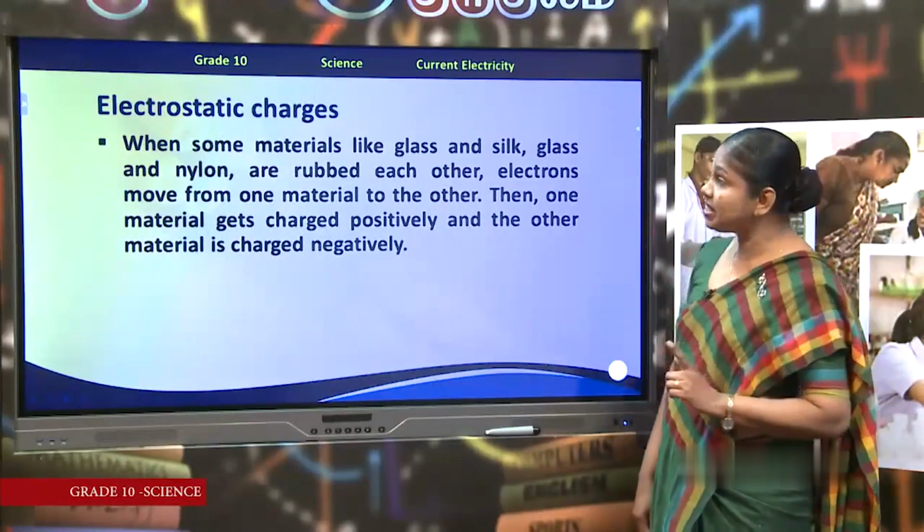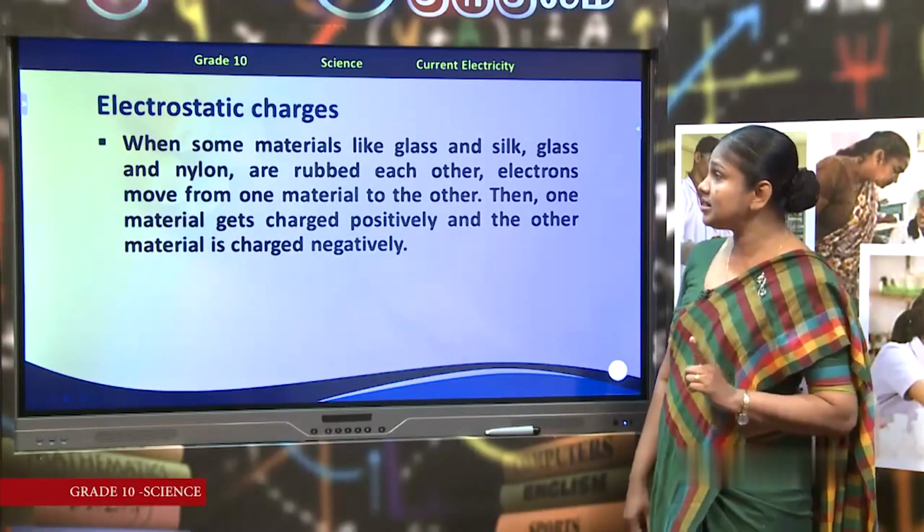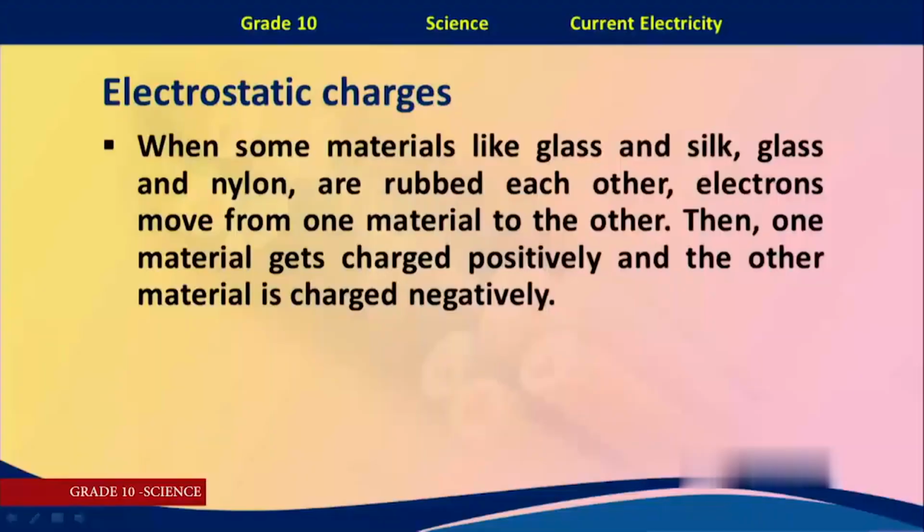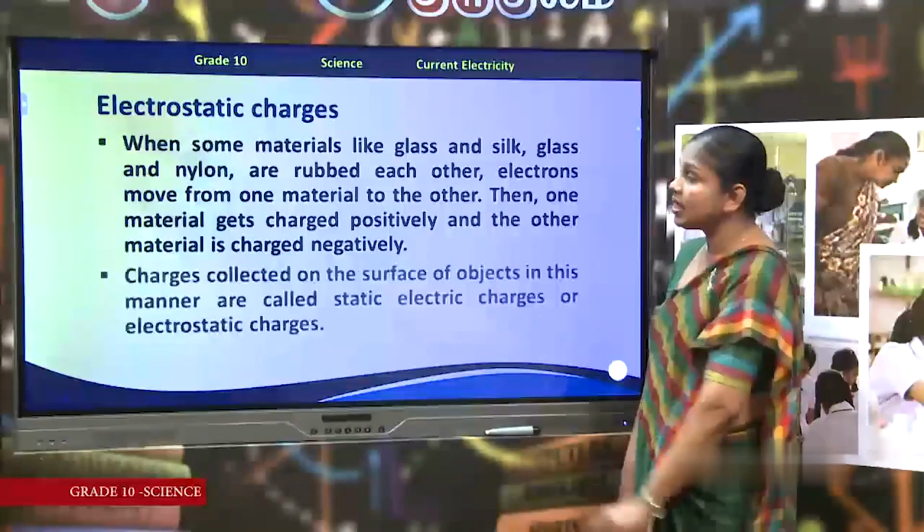When some materials like glass and silk, or glass and nylon, are rubbed against each other, electrons move from one material to the other. Then one material gets charged positively and the other is charged negatively. Right?